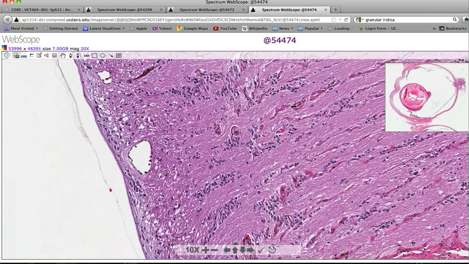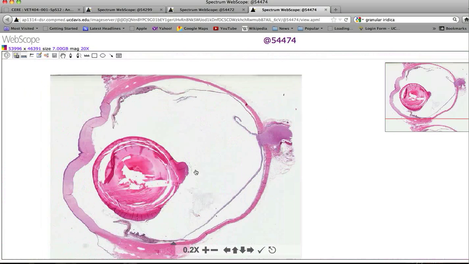So we see these thin bands of collagen which are running parallel to the sclera at this level. I think that concludes the fibrous tunic.